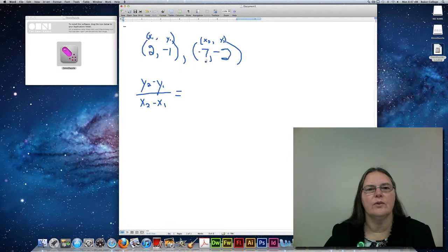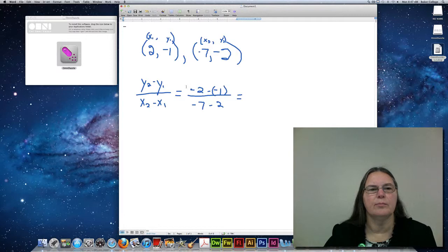Take the y2, we'll come over here to y2, so you're going to be the opposite of 2, and the formula says minus y1, which is the opposite of 1, so let's write that the way we should. Then x sub 2, which is a negative 7, minus x sub 1, 2.